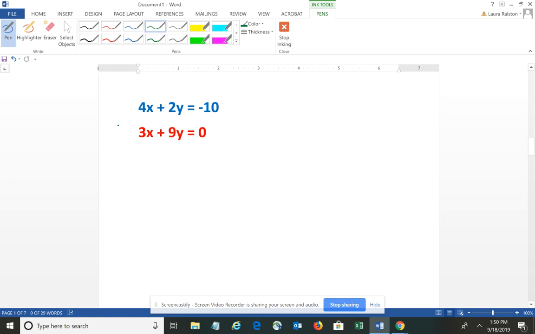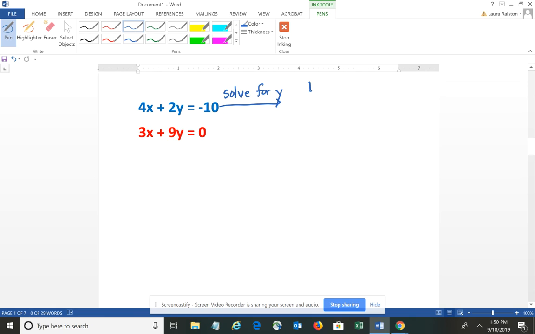So let's say I'm going to take the first one, the blue one, and solve it for y. That really has to be your first decision, and that may be the most challenging decision.